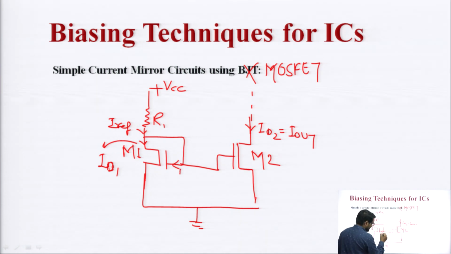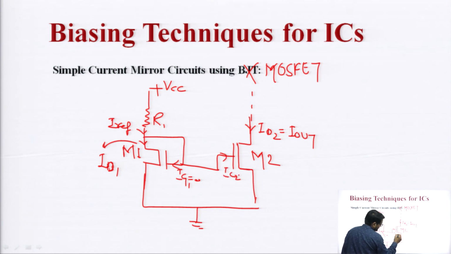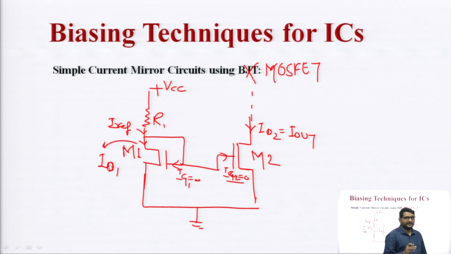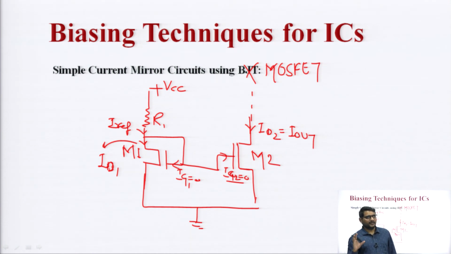Then we consider IG1 is 0, IG2 is also 0. So, this is a similar fashion of current mirror, and in case of BJT, we use the BJT in place of MOSFET. Here, in the simple current mirror circuit with the MOSFET, we do not need a calculation of IB1, IB2, because in MOSFET IG1 is 0, IG2 is 0.